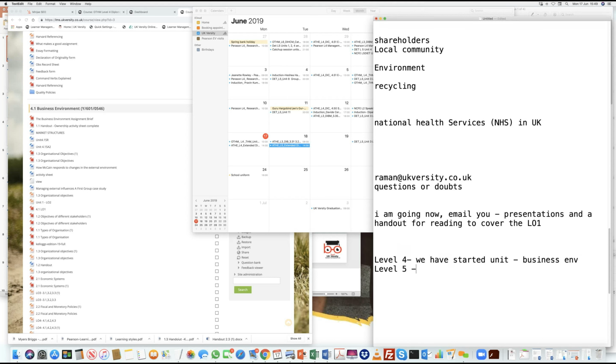And for level 5, we are going to start tomorrow another new unit, which is called Business Organization in Global Context. So this is the unit that we will study tomorrow, which is level 5.